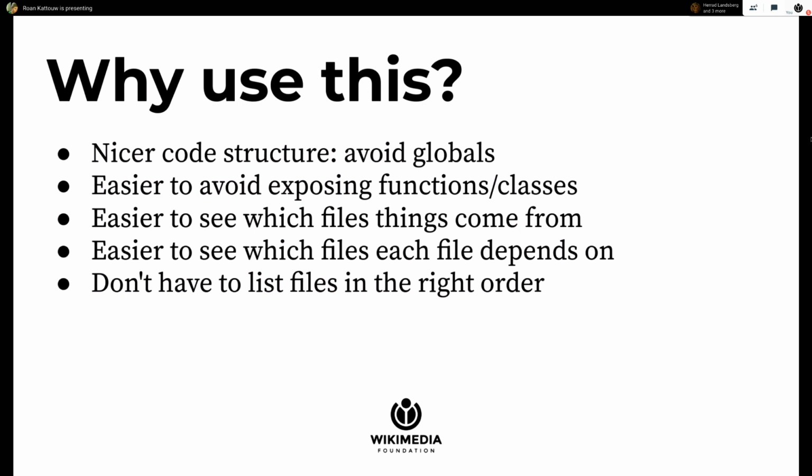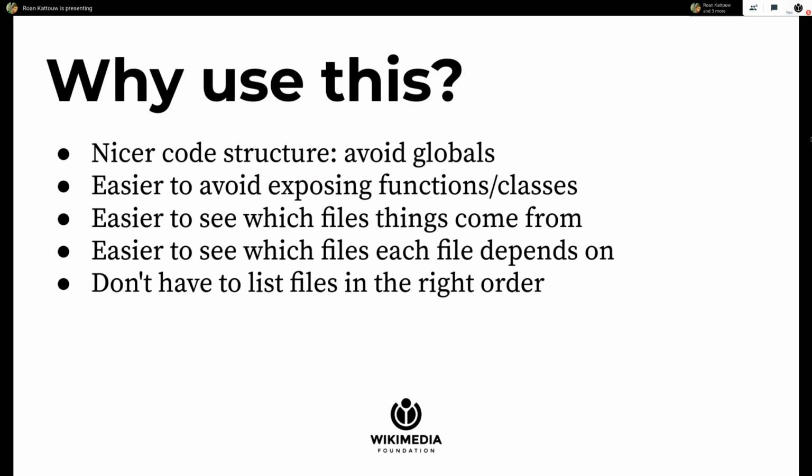And it's easier to see which file a thing came from or which files your file depends on, because you can just search for these require calls and see which files get required from which file, which is hopefully not too hard if you use a consistent naming scheme with the old method, but this makes it a lot easier.